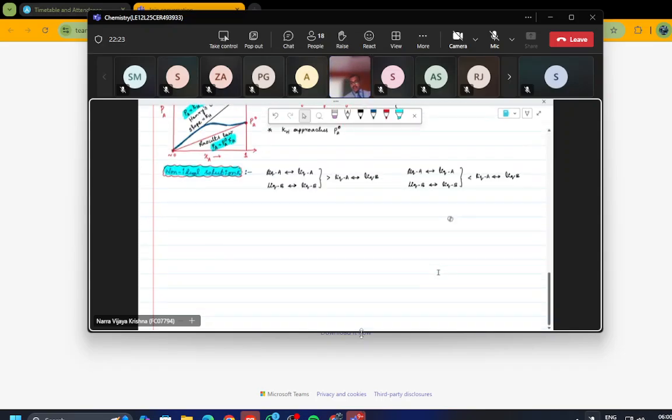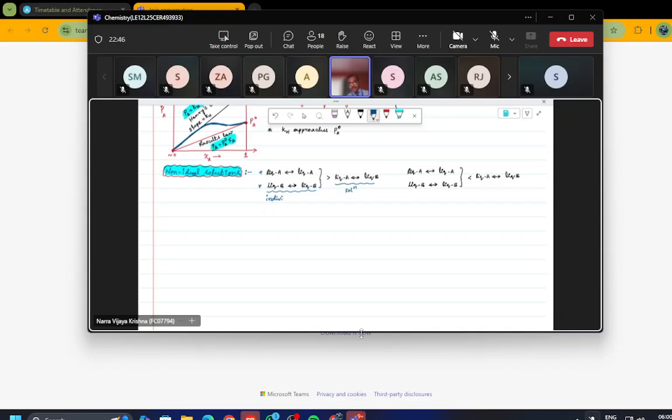What is the meaning of these two? These are individual liquids. This is the mixture, or we call it a solution. This is nothing but the solution. These are individual liquids.